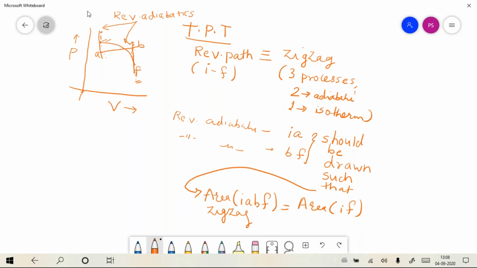So what does that mean? Area under IABF is equal to area under IF means that work.